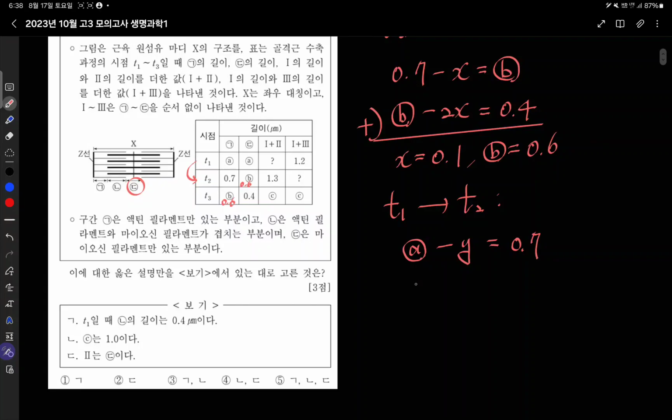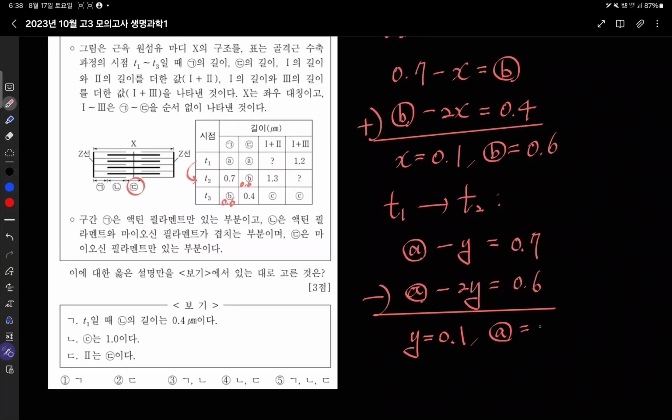And for the third part, if we subtract 2 times y, it becomes 0.6. So if we subtract these two equations, y is 0.1 and the length A is 0.8.